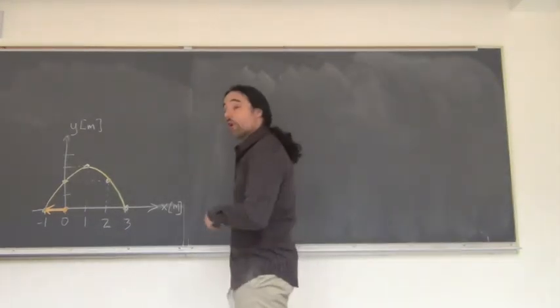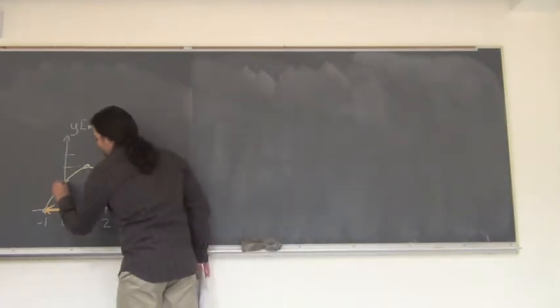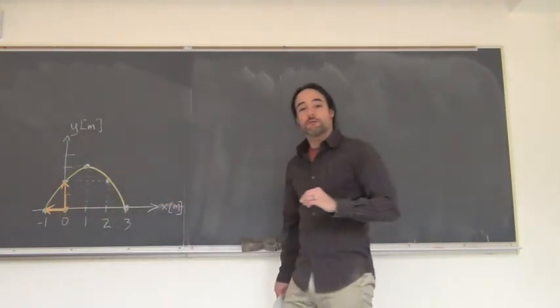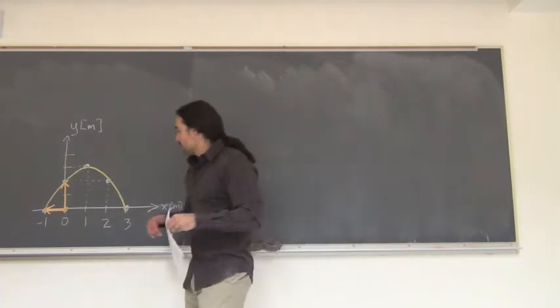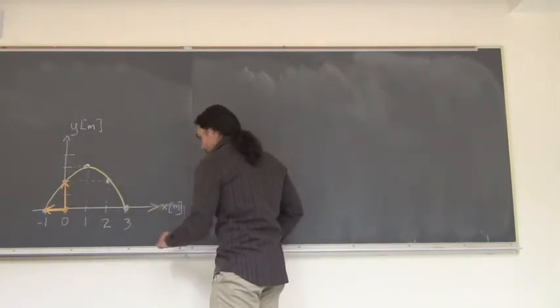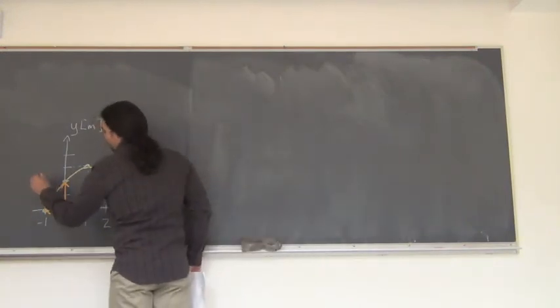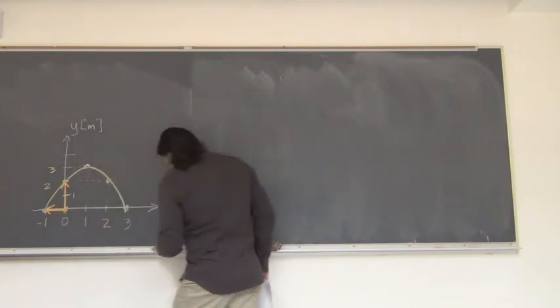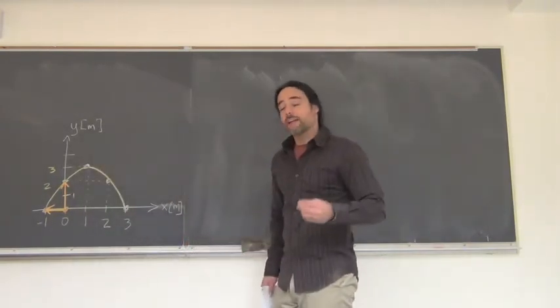Similarly, I can draw an arrow to where it is after 1 second, which would be right about there. It's at a position x is 0, y is 2. Label my y positions here. This is +3, this is 2, this is 1. Similarly, I can keep going.